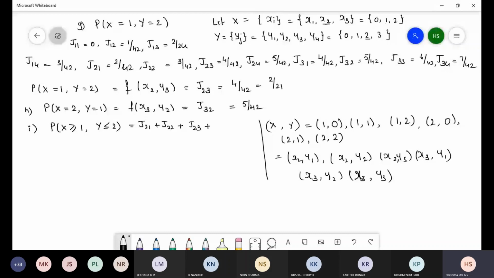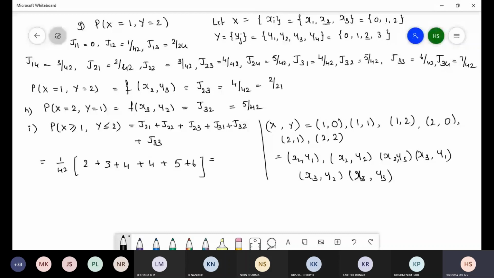I write 1 by 42 as outside: 2 plus 3 plus 4 for J2, next we shift to J3, that is 4 plus 5 plus 6. 5, 10, 20, 24 divided by 42. So we get 4 by 7 as the answer.